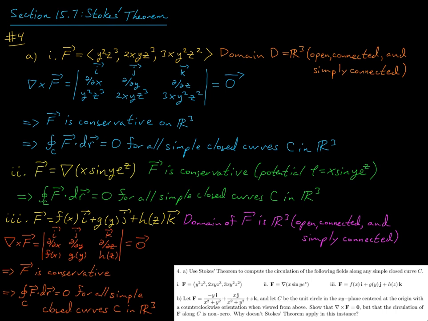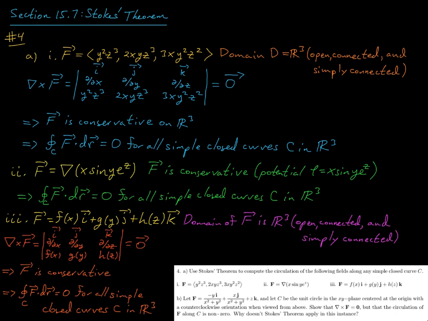And by our nice assumptions on these component functions, our vector field f will be defined over all of R3, which is open, connected, and simply connected. And so we know from the theorem in the last video, the vector field is conservative, and so the circulation is equal to 0 over all simple closed curves C in R3.